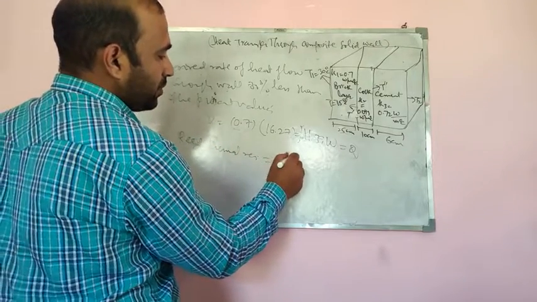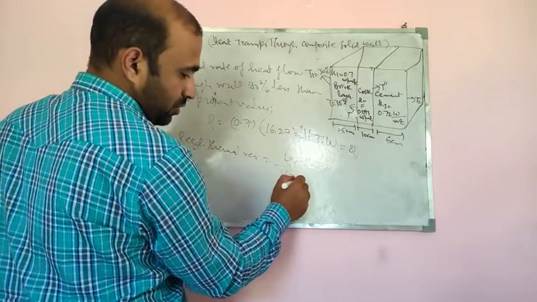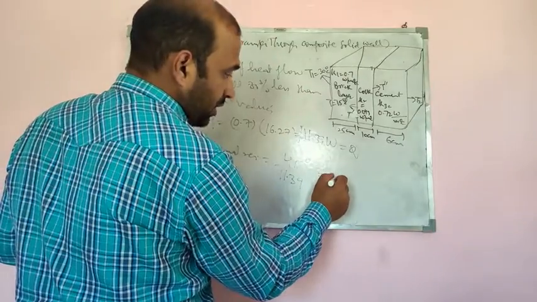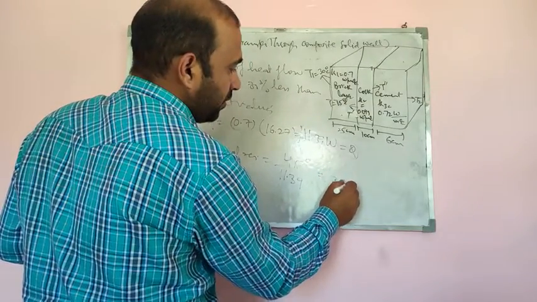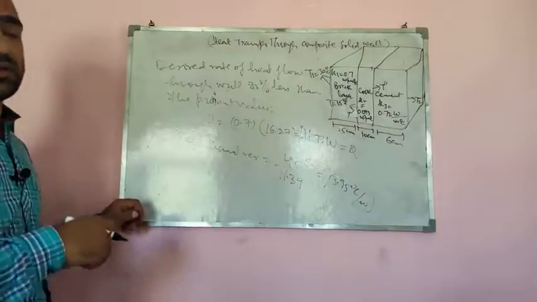It will be equal to the temperature driving force, that's 45 degrees Celsius, divided by 11.39. So it should be equal to 3.95 degrees Celsius per watt.